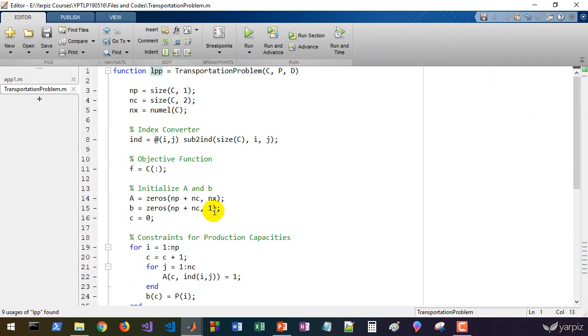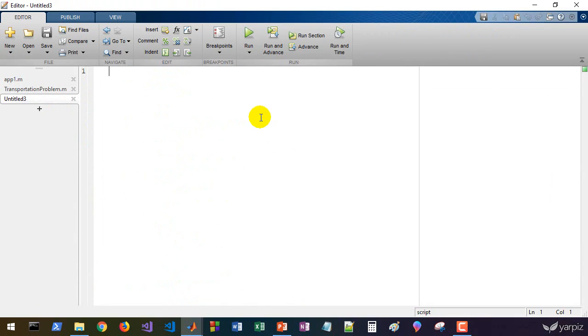Okay, let's solve the problem as well, just here. And we can define the problem here. Define problem. Costs are 1, 2, 3, and 2, 3, and 1, 2, 4, and 1. And production capacities are 900 and 800, and demands are defined by 500, 600, and 300.